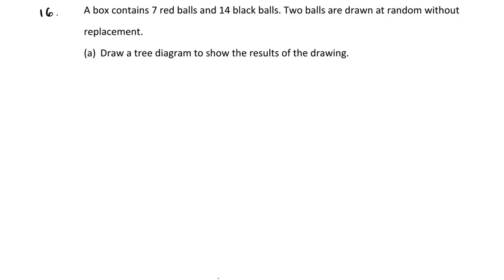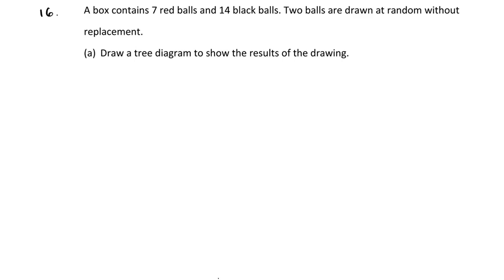Question number 16. A box contains 7 red balls and 14 black balls. 2 balls are drawn at random without replacement. Part A of the problem, we are supposed to draw a tree diagram. Okay, so this is the probability problem.